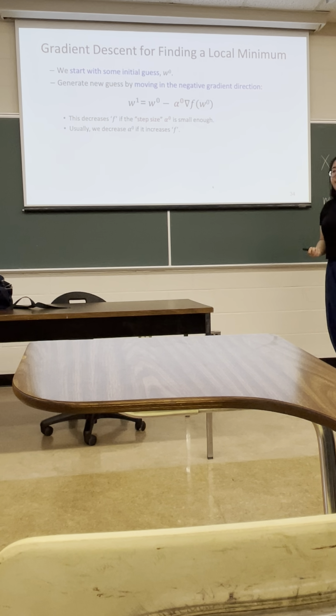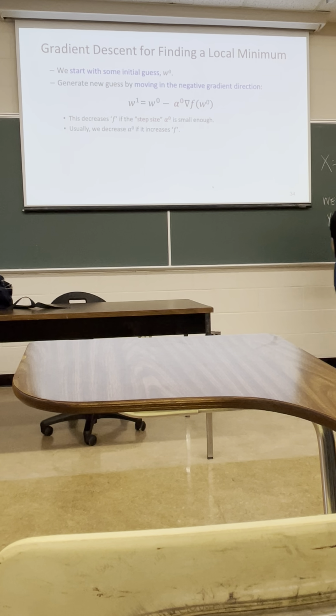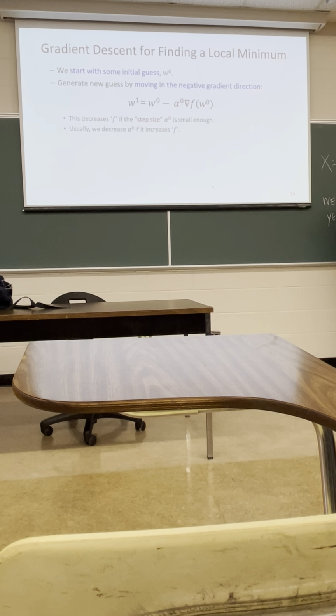If we try to write it mathematically, we start from an initial guess, W0, and then we use the gradient, nabla f at W0, in the direction with the step size alpha 0. The reason I add a time index to the step size alpha is that you have the freedom to make it fixed or make it diverse, and in most cases you make it continually decrease.